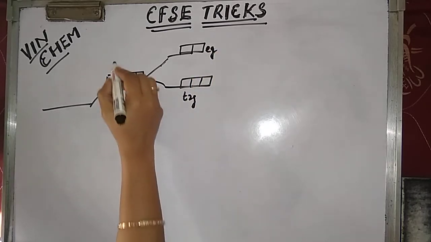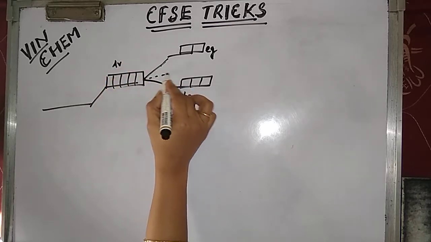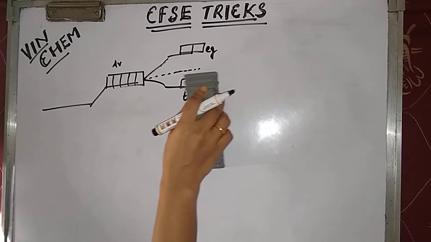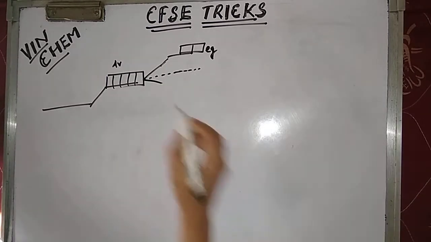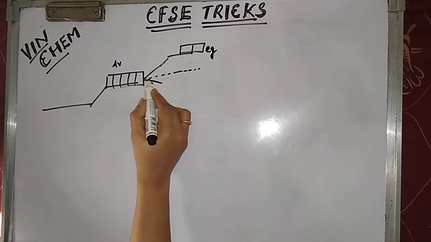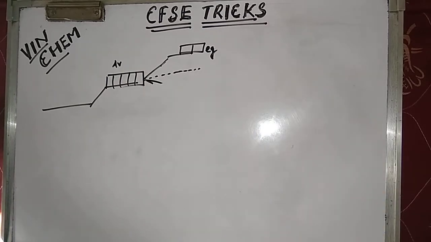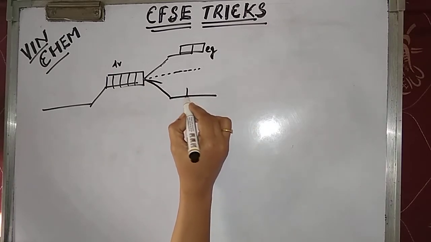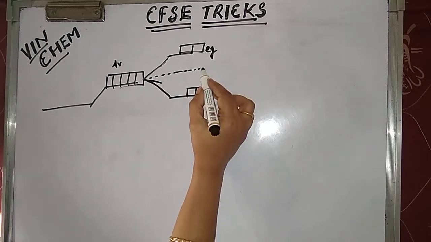This is the average energy level, and this we call the energy barrier. I will draw it a little more properly.